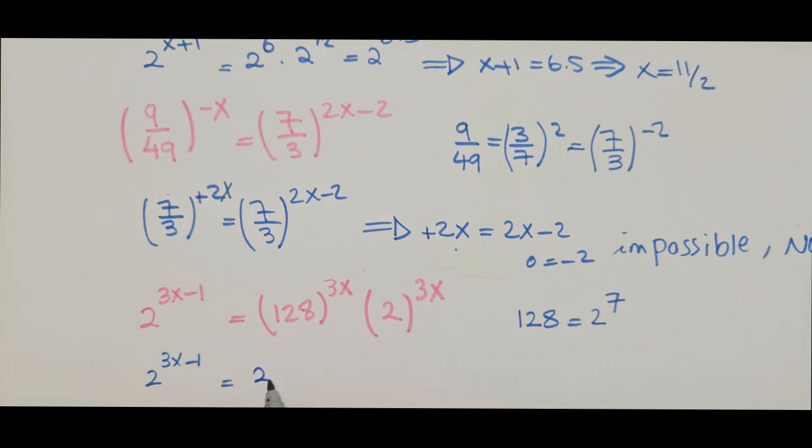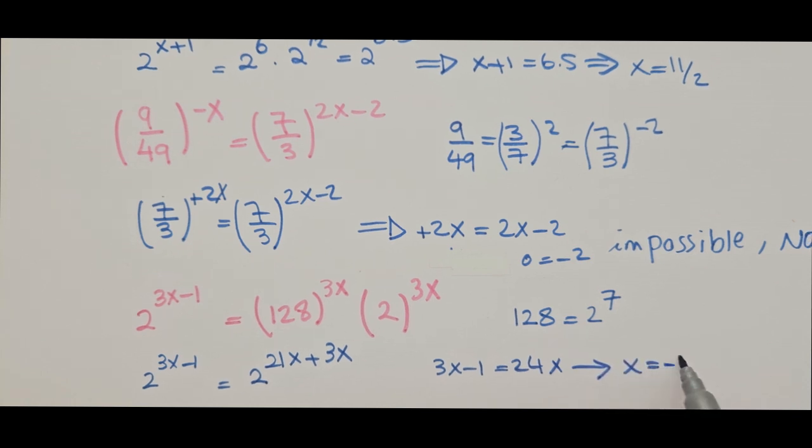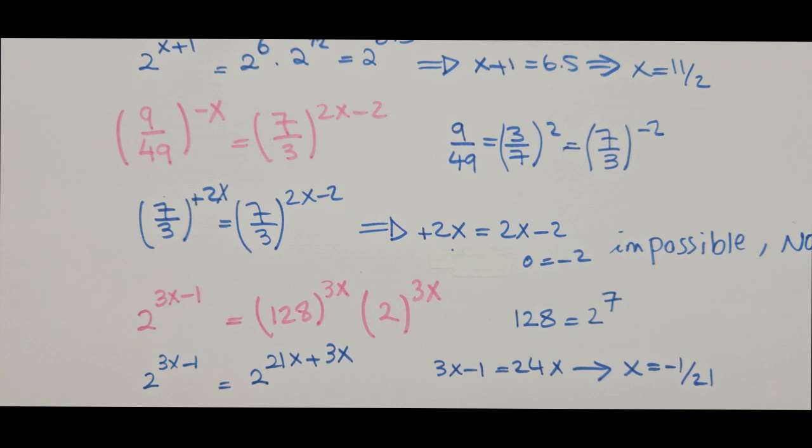On this side, I would have 2 to the power 21x from here plus 3x from here. So now the bases are equal. What I have to do is equate the powers. So 3x minus 1 must be equal to 24x. And from here, if you solve it, x would be negative 1 over 21.